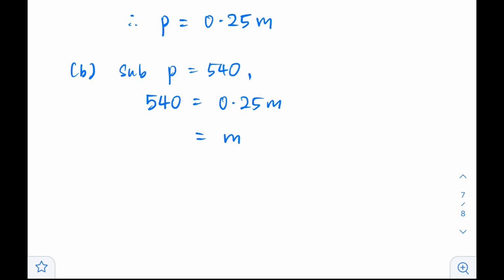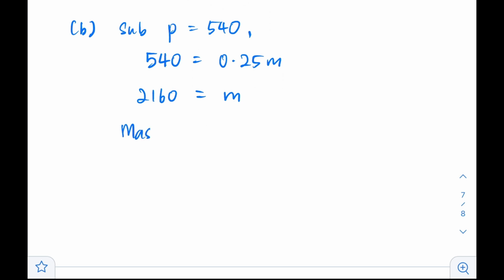So 540, if you divide it by 0.25, you will get 2160. So in other words, the mass would be 2160, and in this case it is grams, so you just put the units.